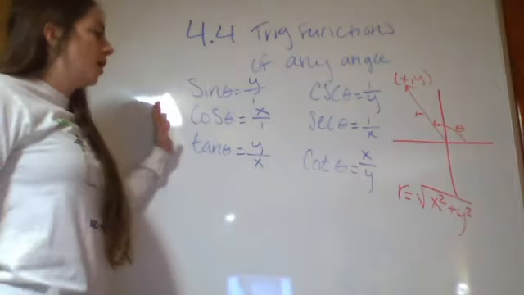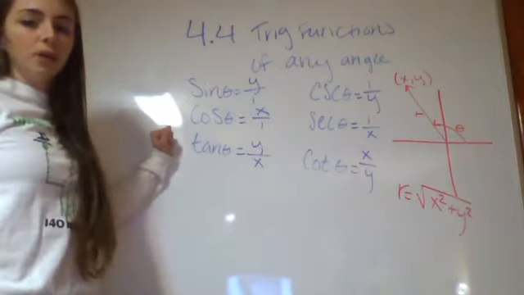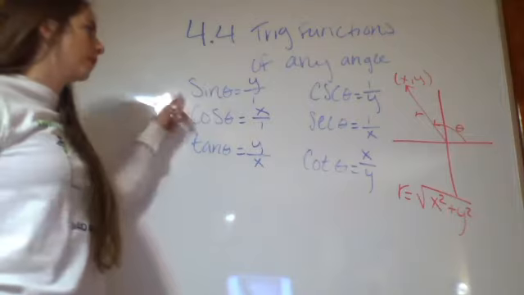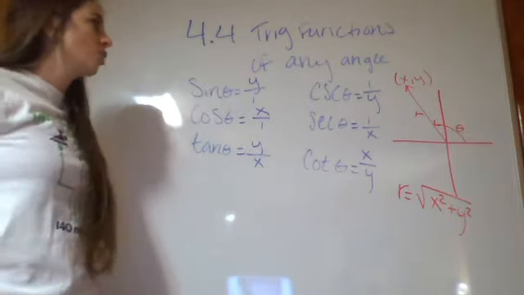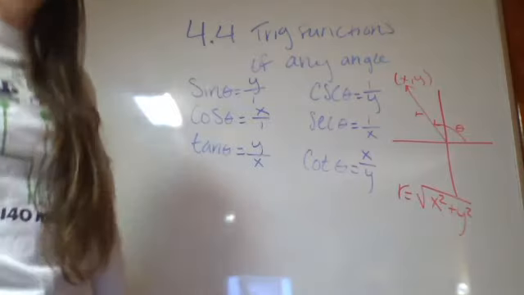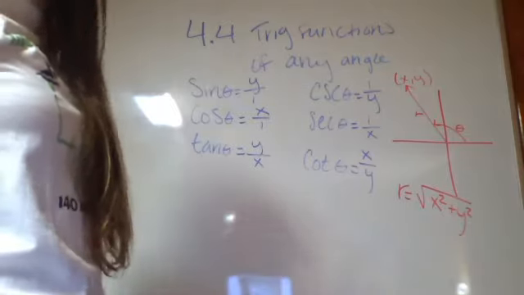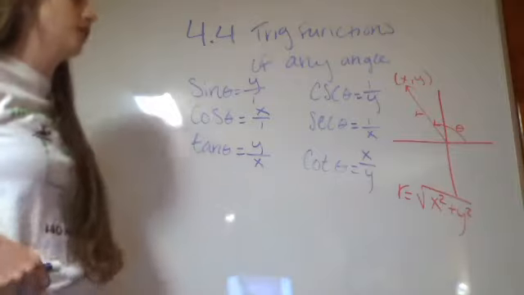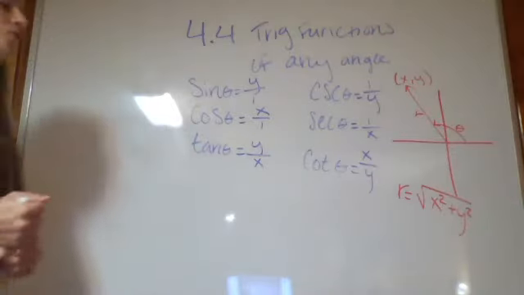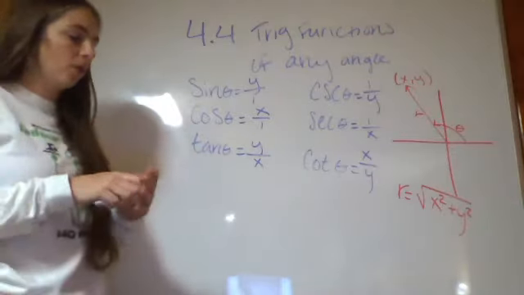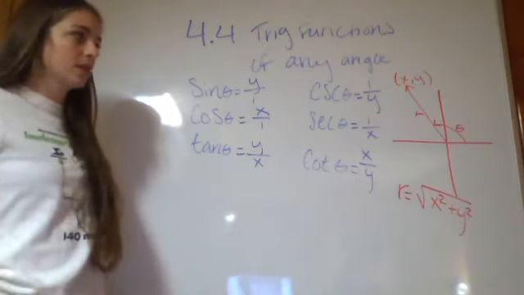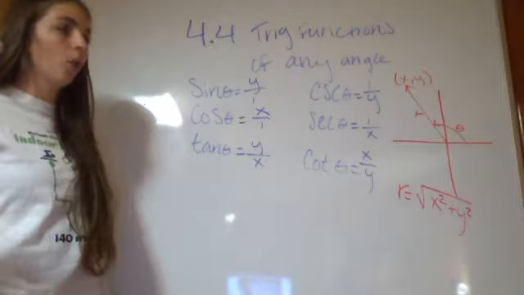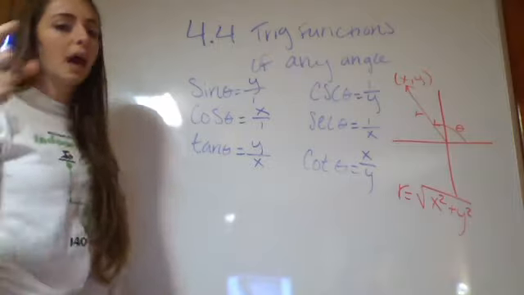So thinking back, I gave you a big chart that had how to find your sine value, your cosine, your tangent, and so on. So in section 4, we amp this up to say that it's not only just acute angles, or just finding the coordinate point on the unit circle, cosine, sine.